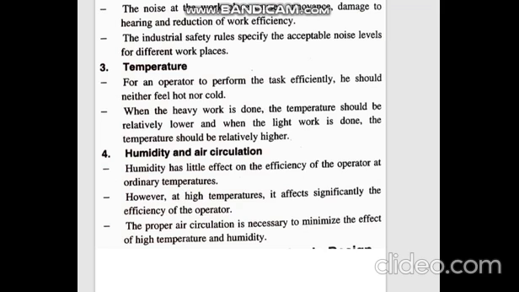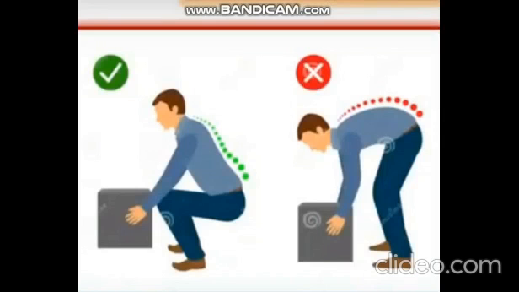So all these things should be considered. Here is an example of ergonomics in the workplace, in industry: if you want to lift a load, how you should lift. This is not the right way, where the spinal cord is bending like this. You should bend your knees and lift in such a way that the spinal cord is straight.